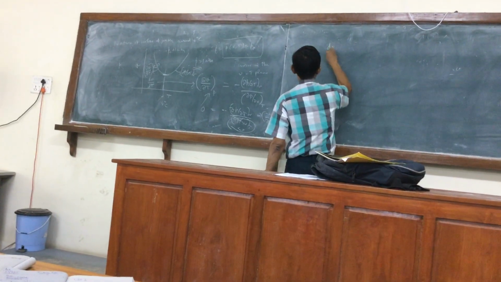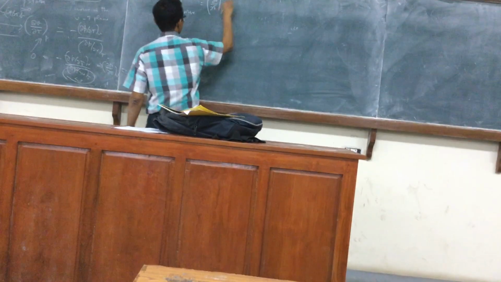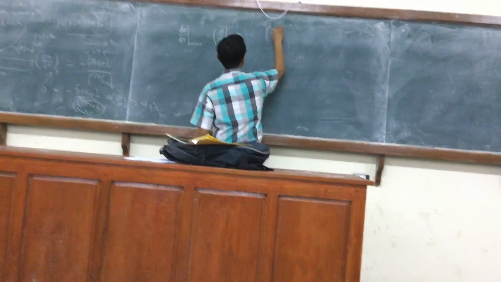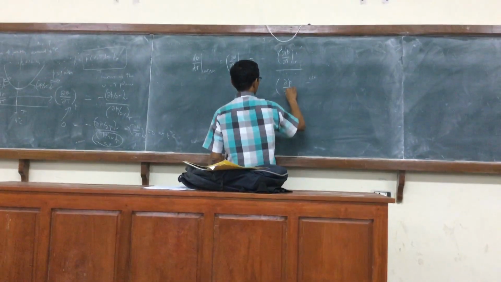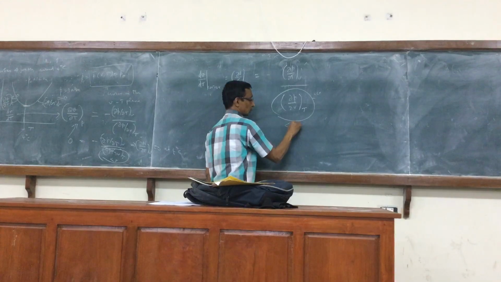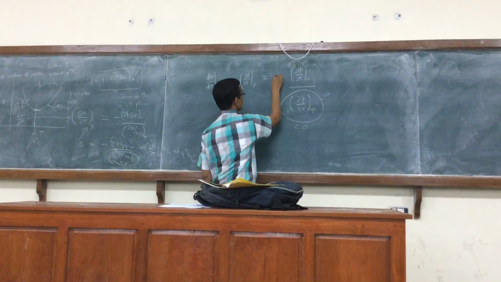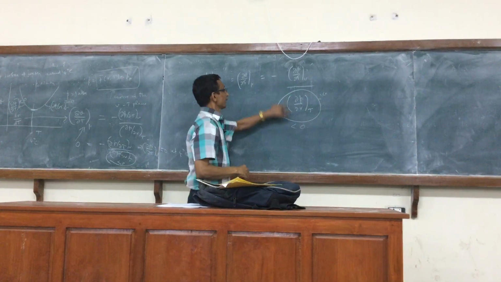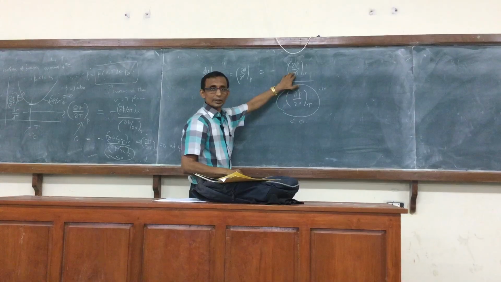So what I am saying is, let's write dV by dT on the curve equal to minus something. Now we have already said that this has to be less than 0 for all substances. So this is less than 0, so it will cancel with this negative sign and become positive.